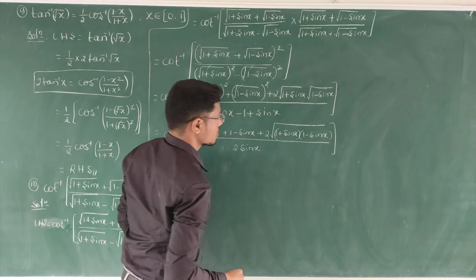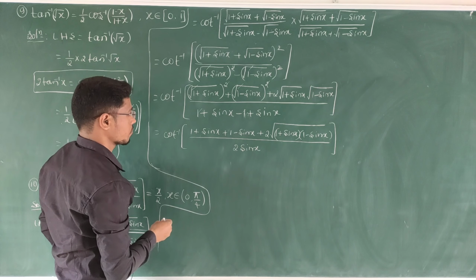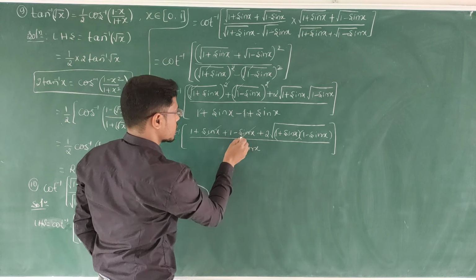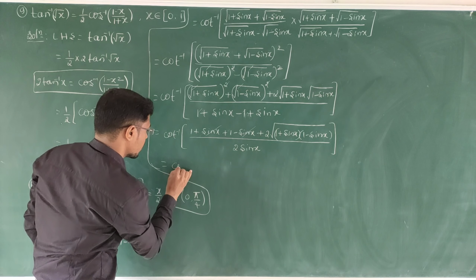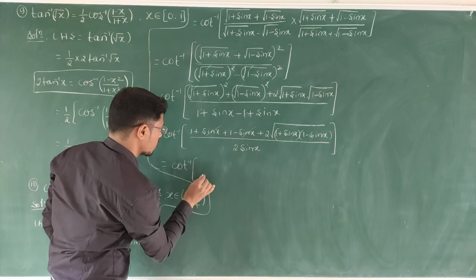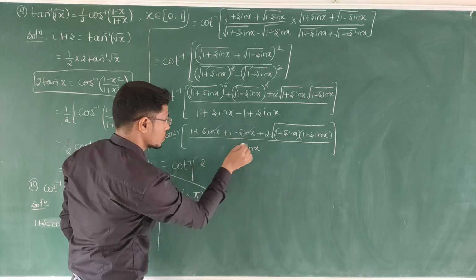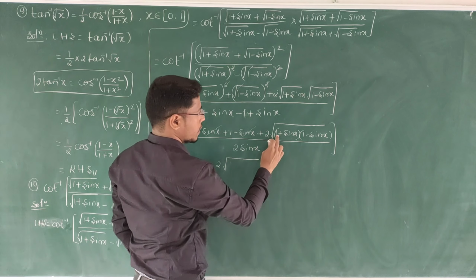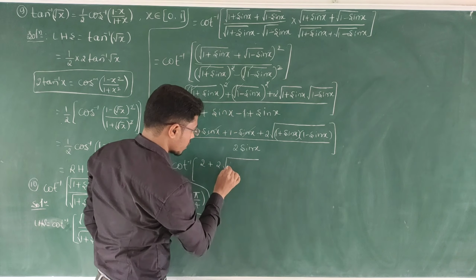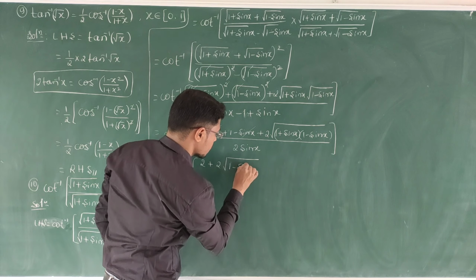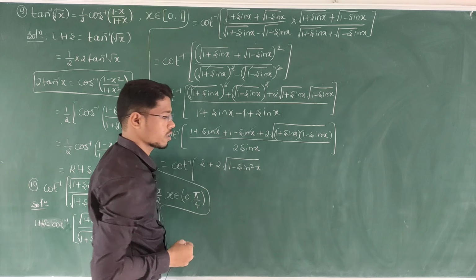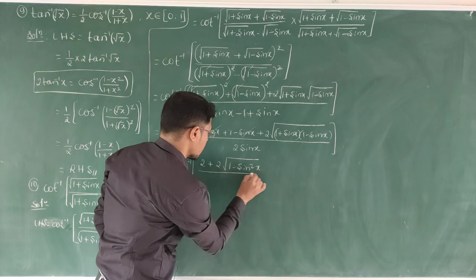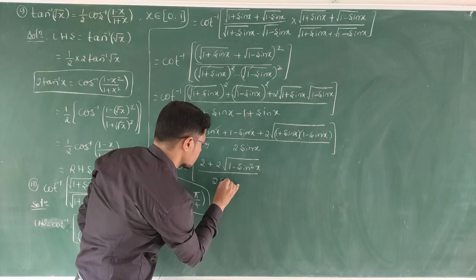Here sin x gets cancelled, so remaining is cot inverse of 1 plus 1, 2, plus 2 root of a plus b, a minus b, again a square minus b square, it will become 1 minus sin square x, divided by 2 sin x.